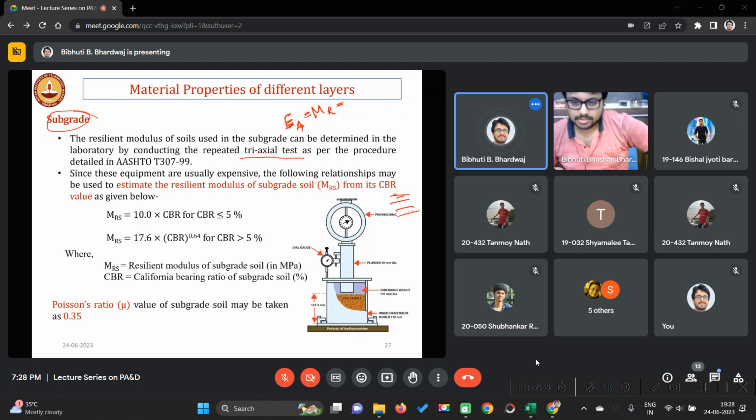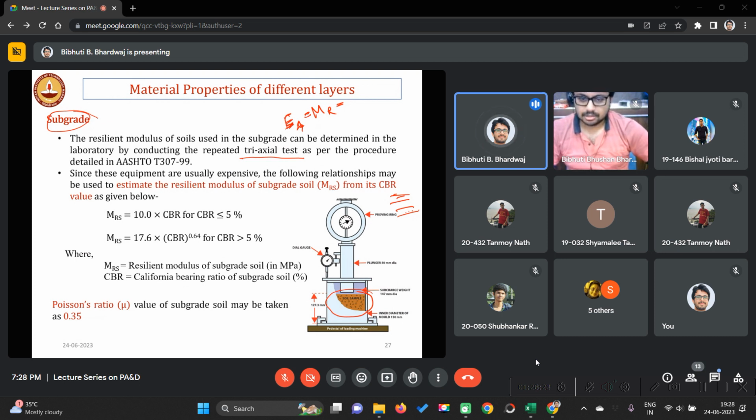Okay, you take some sample and you do the CBR test. CBR, as we know, is California bearing ratio. It gives the strength of the soil relative to the aggregates that are found in California.